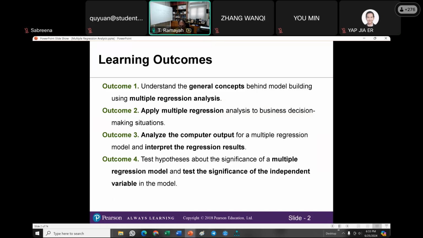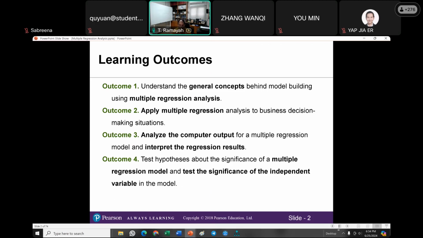If you want to do a multiple regression calculation, maybe you'll take 2 hours manually. So you will be given a computer output. Usually we will use computer output from SPSS, and then you have to interpret them. Outcome number 4, we will understand how to test a hypothesis of a multiple regression model, overall model.